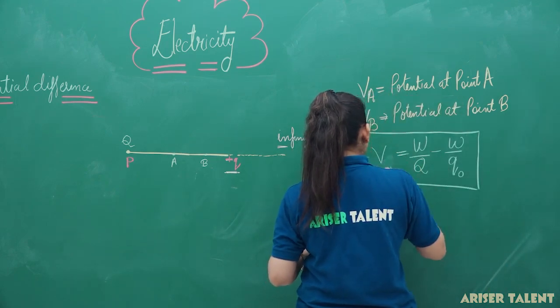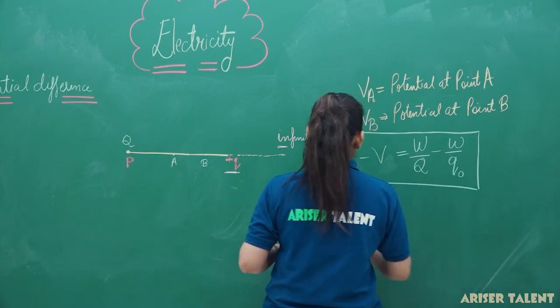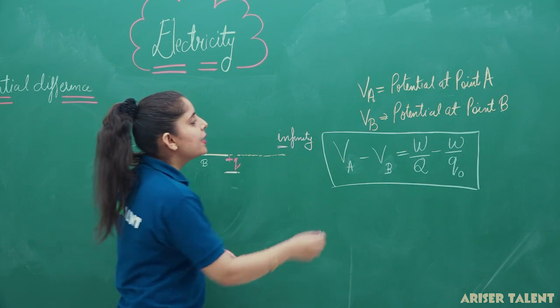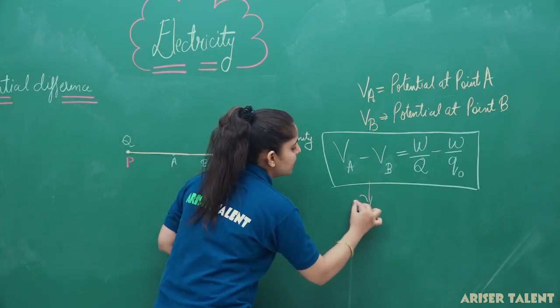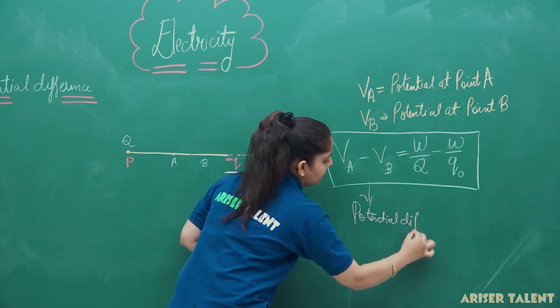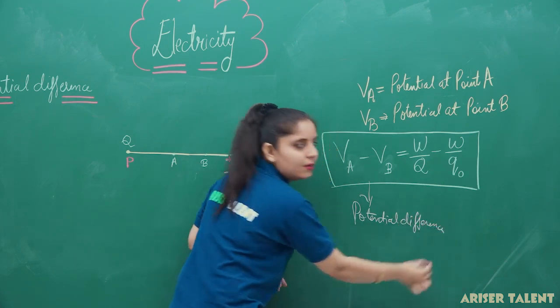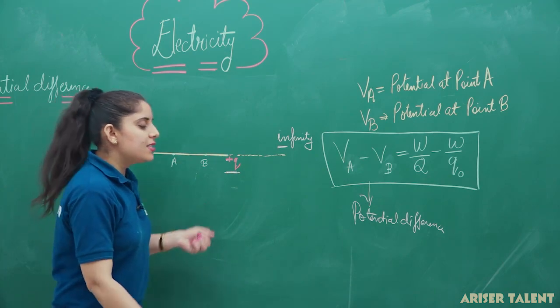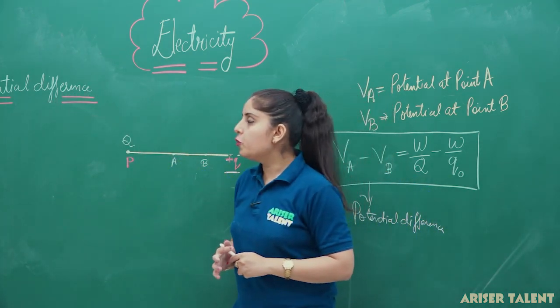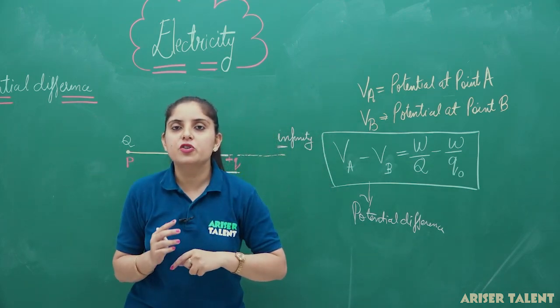We can write it as VA minus VB. So the value of VA minus VB here will give you the potential difference. And it has the same unit, that is volt. So I hope these 2 terms are clear to you, what is potential and what is potential difference.